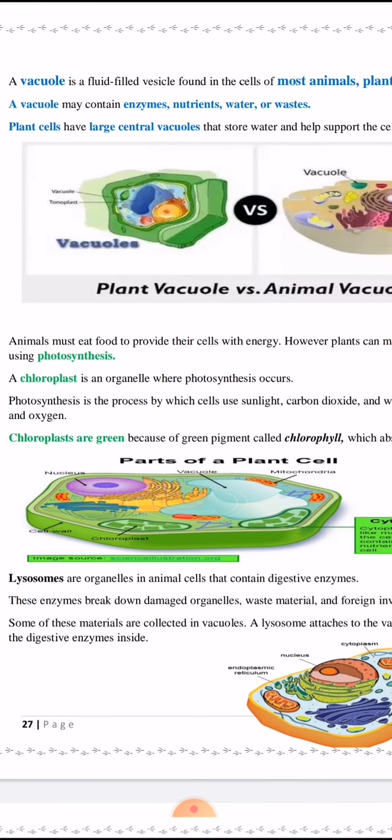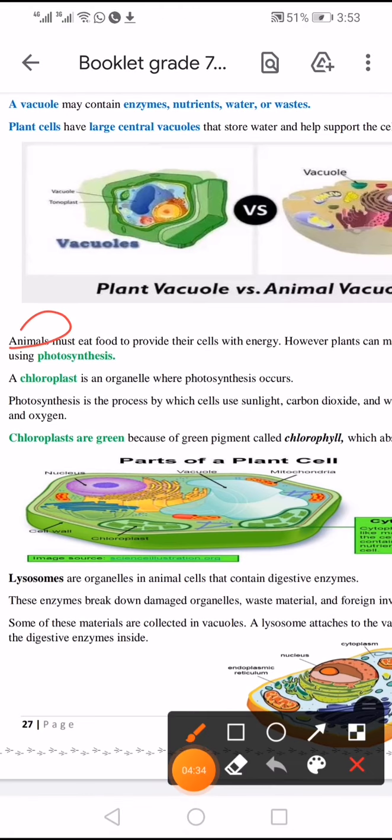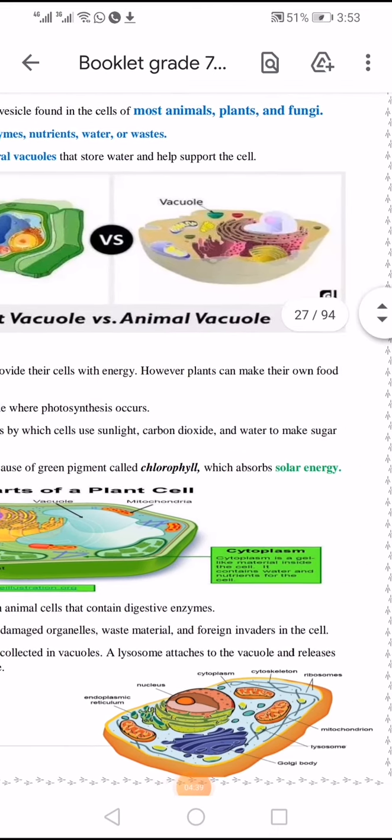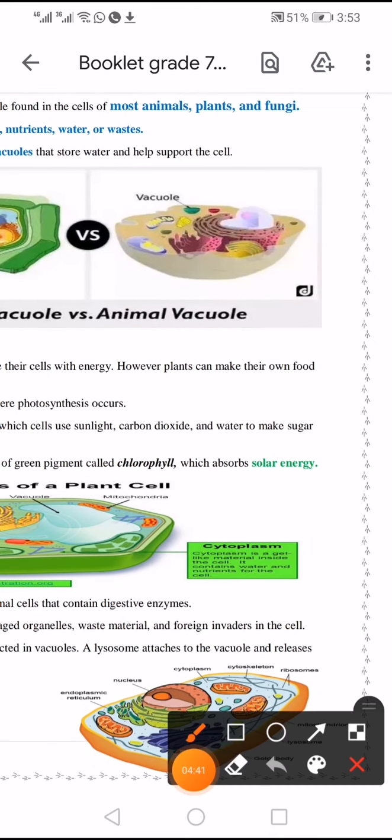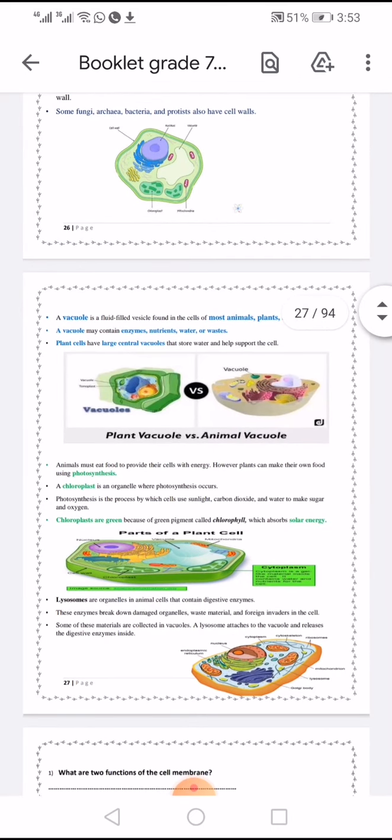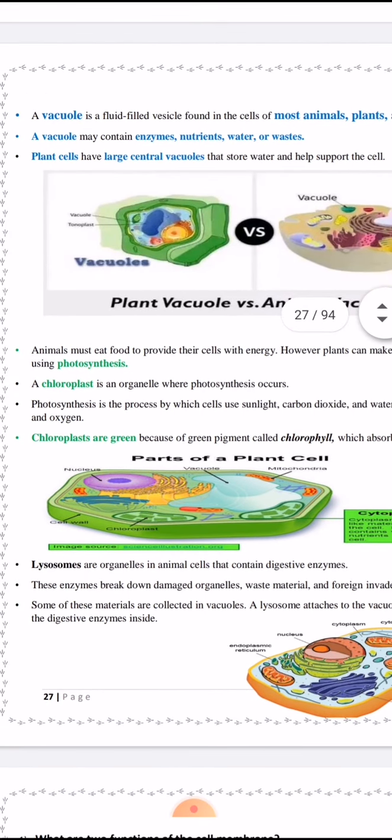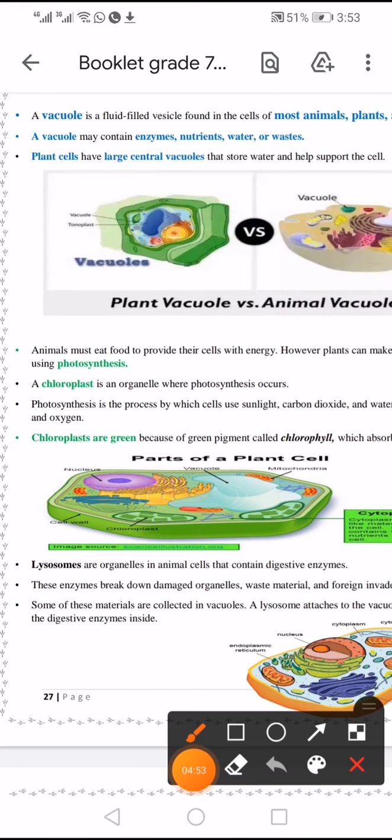Animals must eat food to provide their cells with energy. So animals eat food to get energy, while plants make their own food by a process called what? Photosynthesis. A chloroplast is an organelle where photosynthesis occurs.